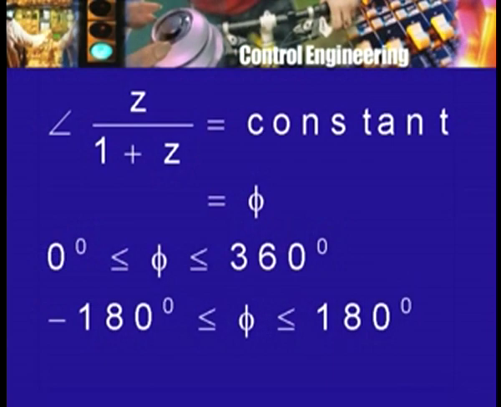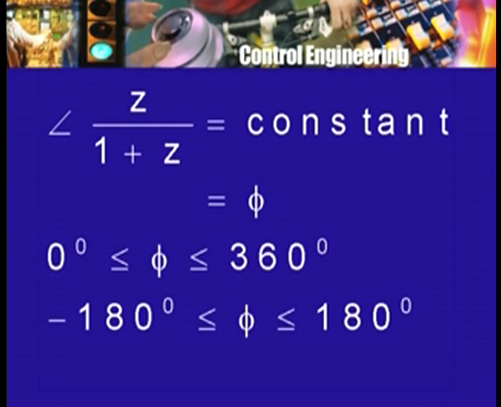Now, one can show, and again you should try to show it, that the set of all points z of the complex plane for which the argument of z divided by 1 plus z is a given constant phi, where phi is interpreted in degrees, lies between say 0 and 360, is again a circle.